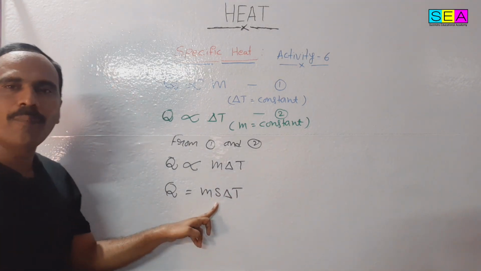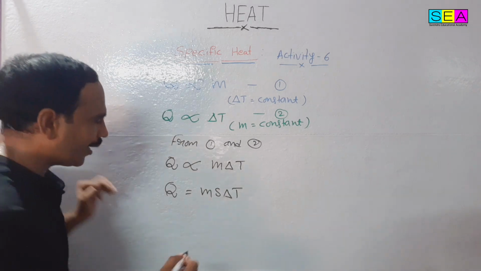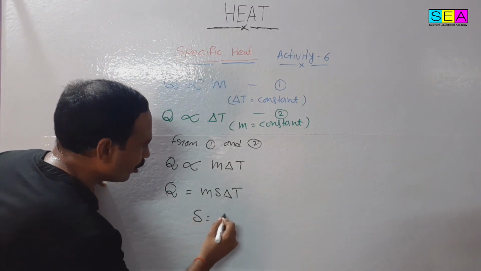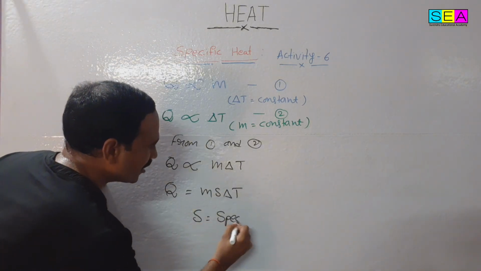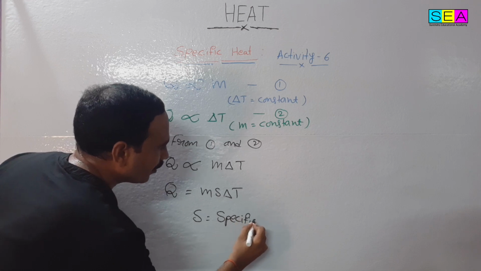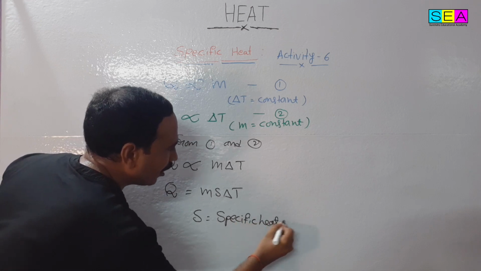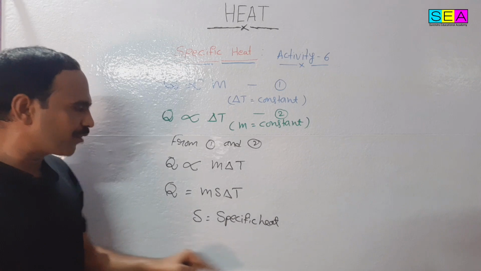Here S is the proportionality constant, and S is called the specific heat of the substance.